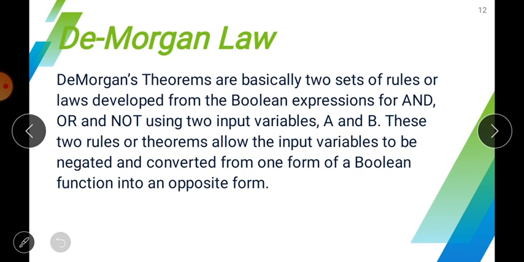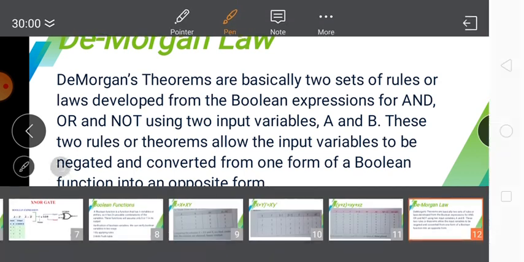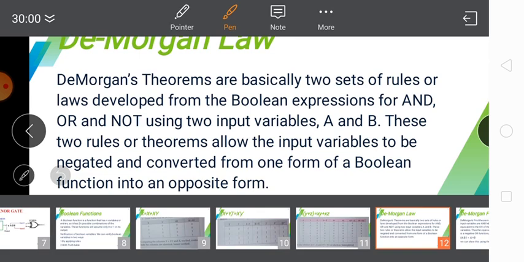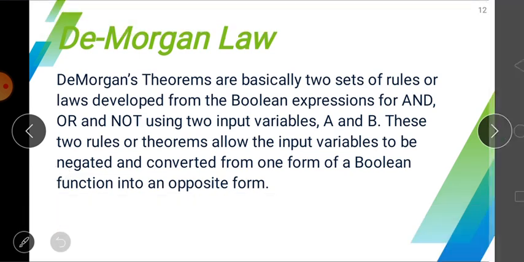And in De Morgan's law we are using 2 input variable gates, and this law tells how you can convert the AND operation into the OR operation and the OR operation into the AND operation. So De Morgan's law has two basic rules, that is De Morgan's first law and De Morgan's second law, or you can say first theorem and second theorem.